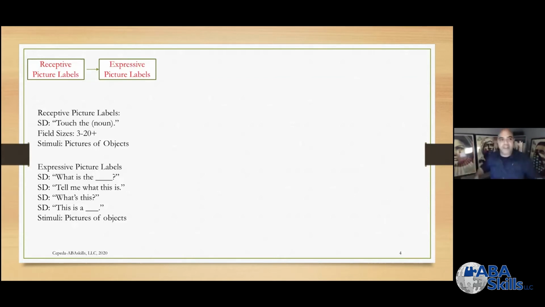Have 2 tables set up. Have the kid stand over there and say, go over there and touch the car. So now he actually has to remember it while he's ambulating across the room and looking at this big table full of like 20, 30 objects. I think you'll find it's interesting that there's probably going to be some breakdown in your learner's ability to hold on to the information that they need in order to respond correctly as the field size increases, whether it's a field size of 5 or a field size of 20, where that breakdown occurs, I don't know.